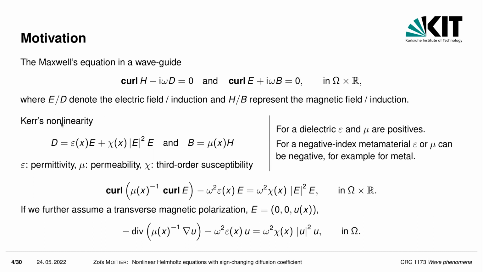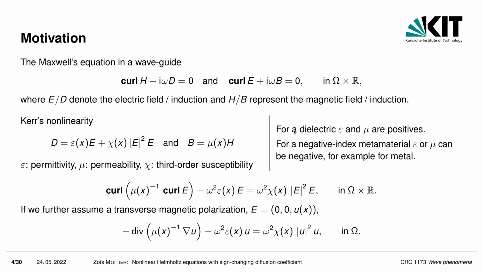For example, we can have Kerr nonlinearities. That means that the field D will be equal to epsilon, the permittivity, plus the third order susceptibility times a cubic term on E. And for B, we'll just take the permeability times H. And this is for the nonlinear part.